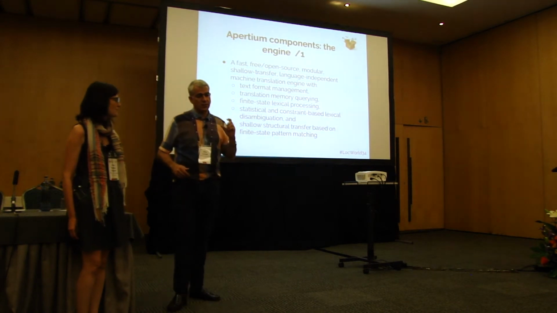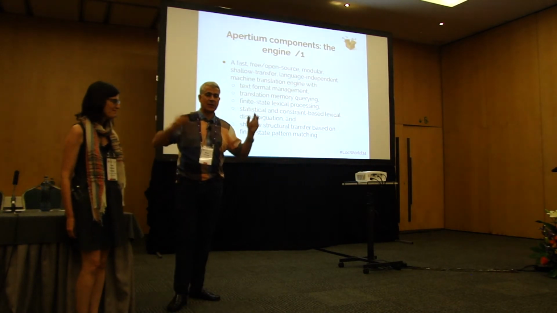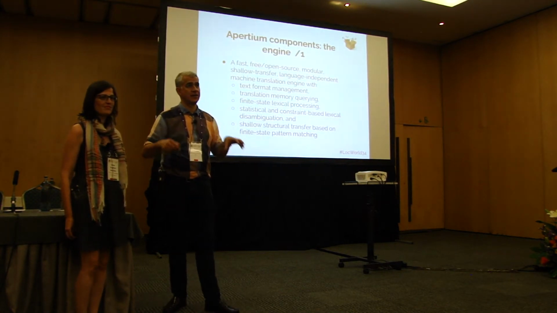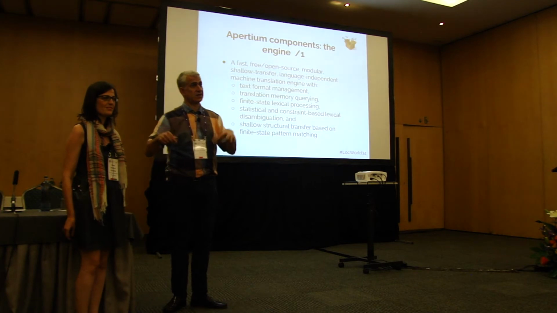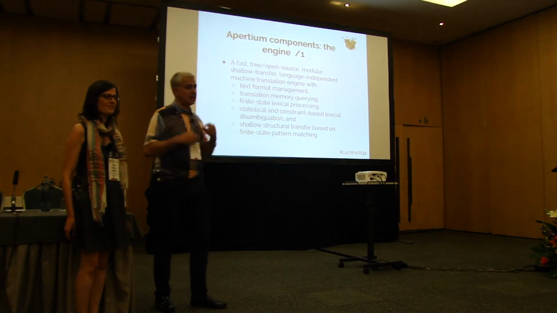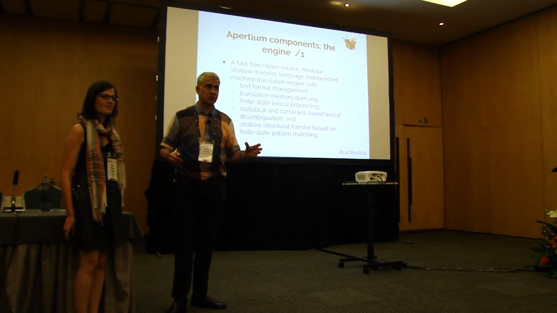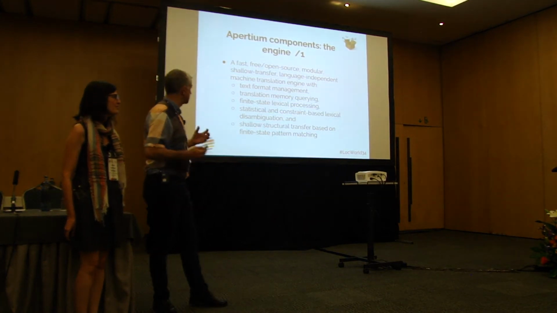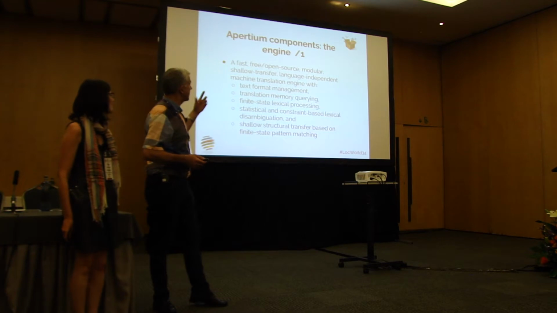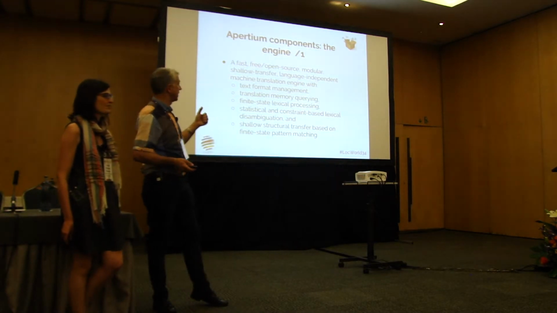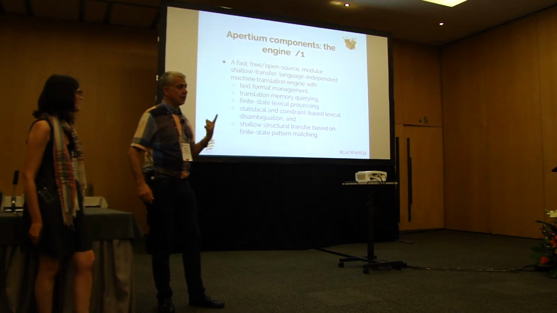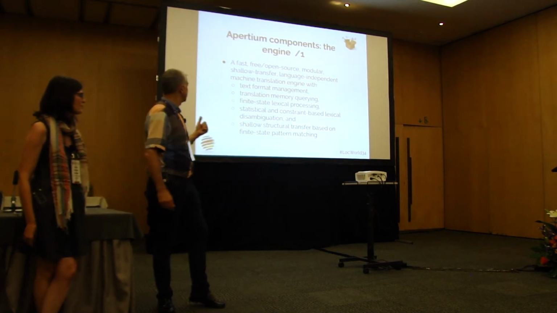It does what we call in machine translation parlance shallow transfer, so it does not do a very deep analysis of the text, but rather a shallow analysis. The engine is language independent, so the engine is independent of the actual language it's going to be translating, and it has a bunch of things that make it useful, like some text format management. We can interface it to translation memories.